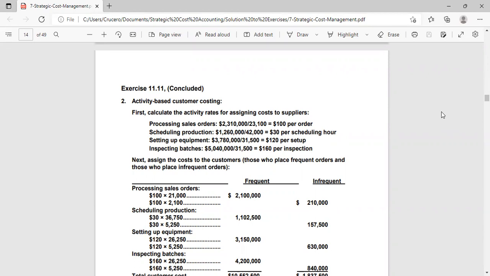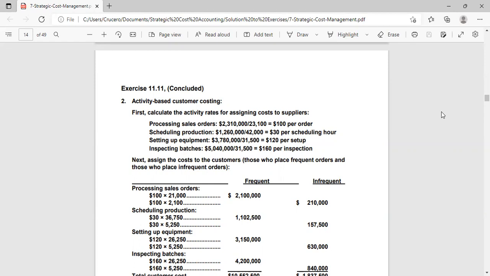For processing sales orders, we have 2,310,000 divided by the number of sales orders, 2,100 plus 21,000. So it's 23,100, giving $100 per order.